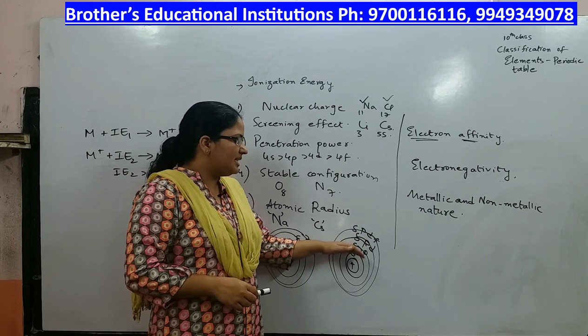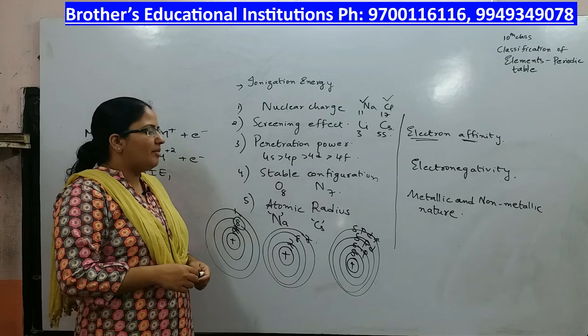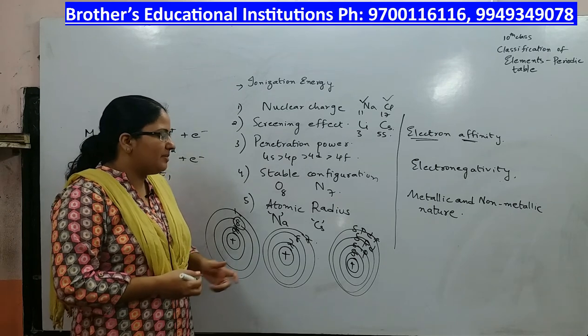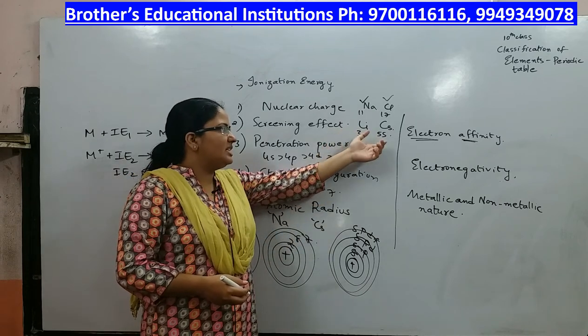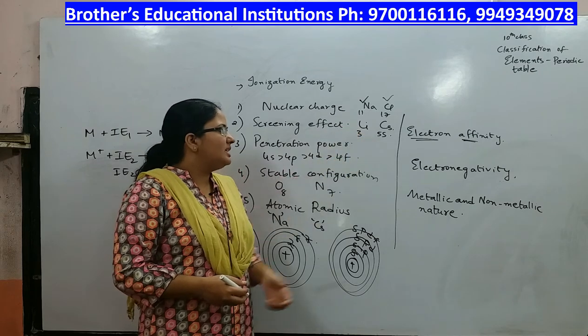So, more number of subshells, less will be the ionization energy, less number of subshells, more will be the ionization energy. So, between lithium and cesium, lithium has got more ionization energy compared to cesium.